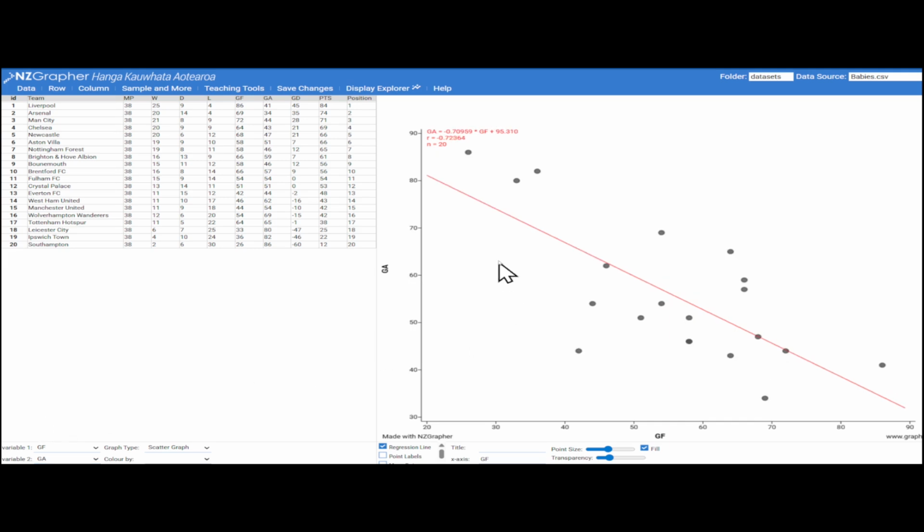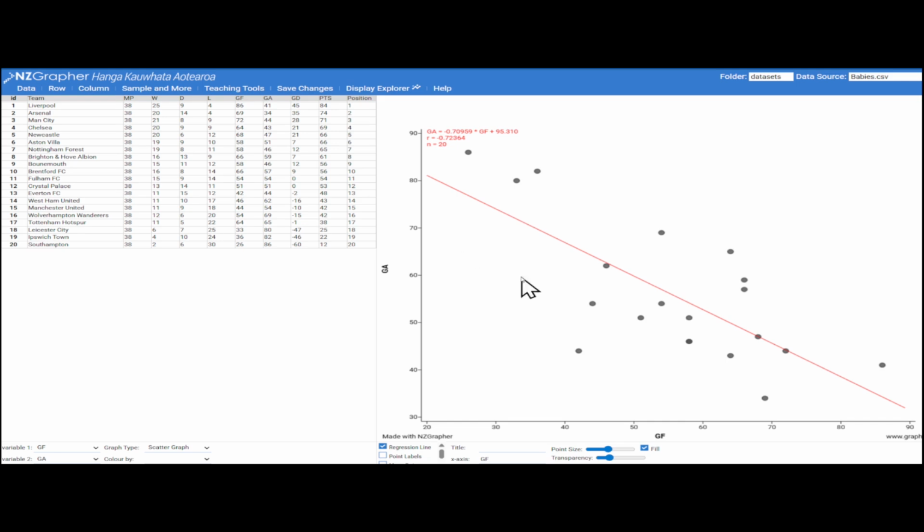And yep, here we see something kind of interesting. It's not the strongest relationship ever. These dots are scattered quite wide. But we see that if a team concedes lots of goals, GA is goals against, they don't tend to score many goals.